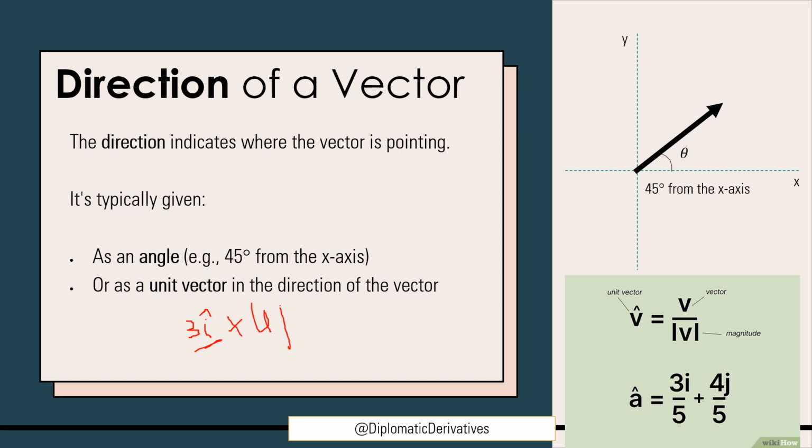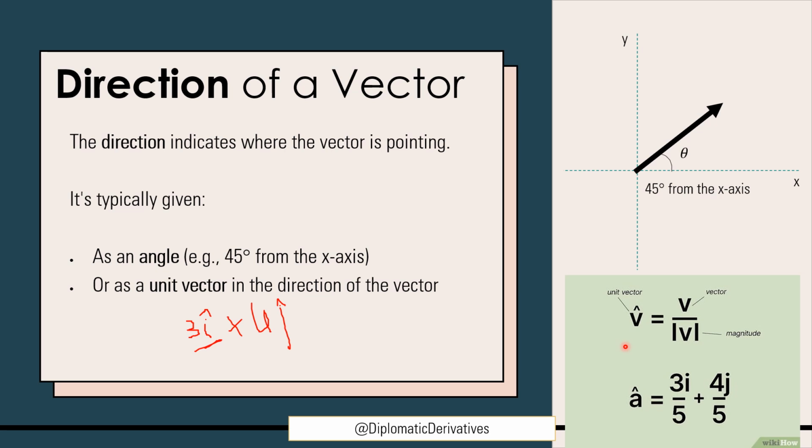Now this unit vector is telling us the direction of the point 4, which is on the y-axis. When you plot it, you plot 3 on the x-axis, you plot 4 on the y-axis, and you join them, so you get a point. Then you make the vector. So that will be the direction of the vector. Through the help of these unit vectors, you also get the direction of the vector. Now this is the formula to find the value of the unit vector, which we will be doing in detail in future videos.